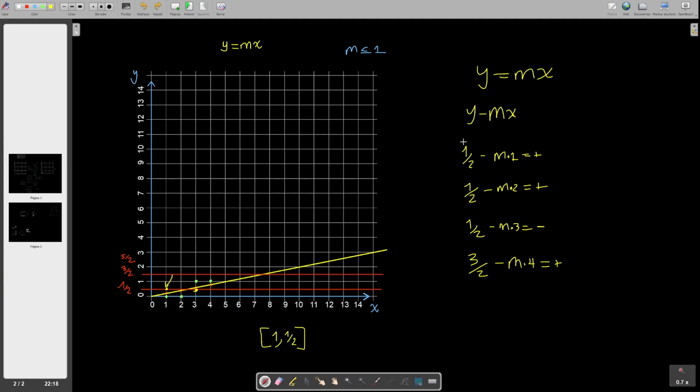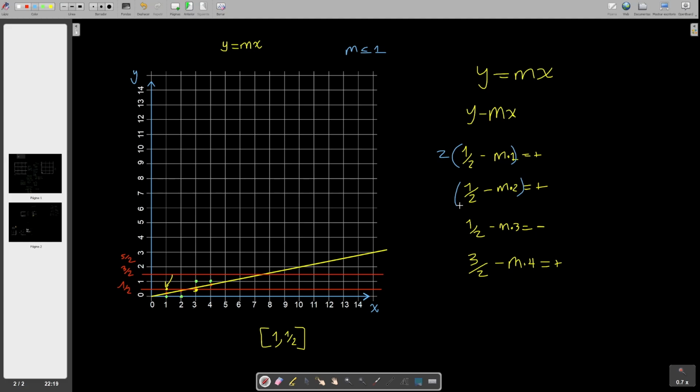So I've noticed that all of my evaluations are going to have a division by 2 in this side of the equation. So as I am only concerned about the sign of the result, I can multiply all of this by 2, so I can get rid of the division, and I'm still going to get the same sign, the positive, just doubled. And if it was negative, it will be negative, but just doubled.